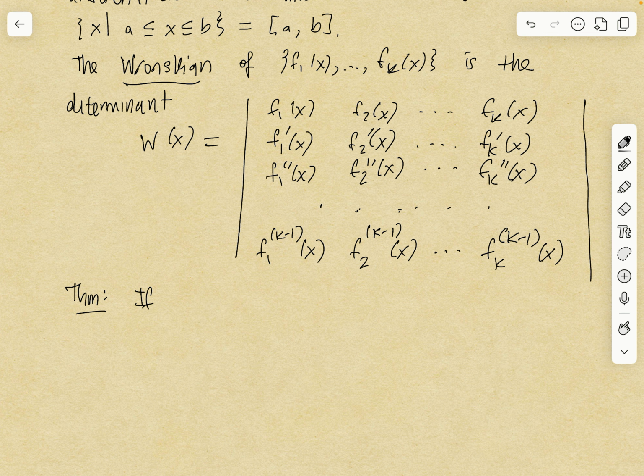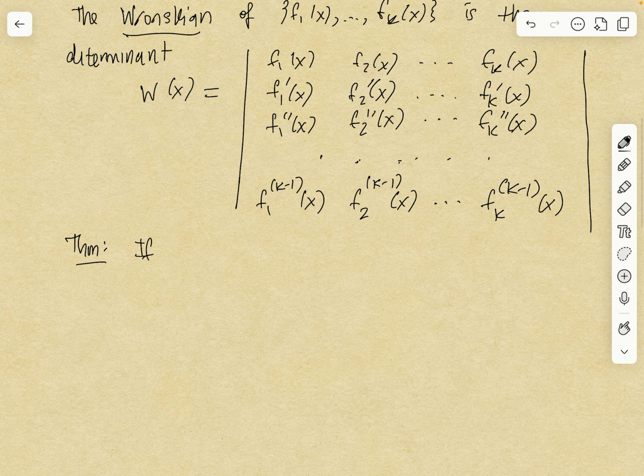So the different x's give you different determinants. So it's a function of x. Basically what's going on is for each x, you get a matrix, and then you take the determinant. So you have a Wronskian function, basically.